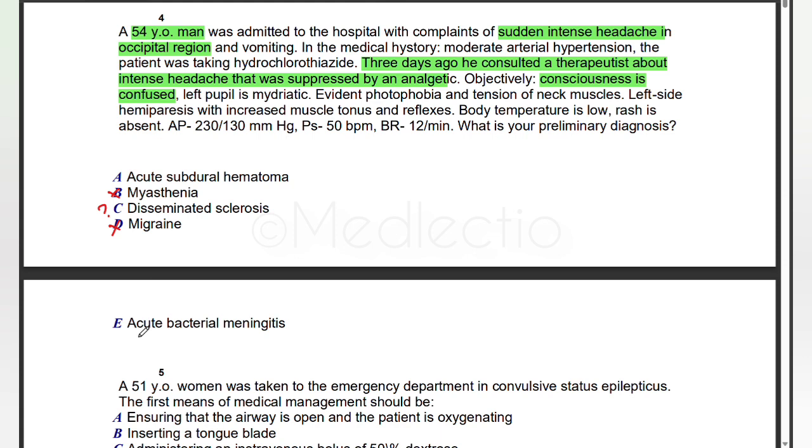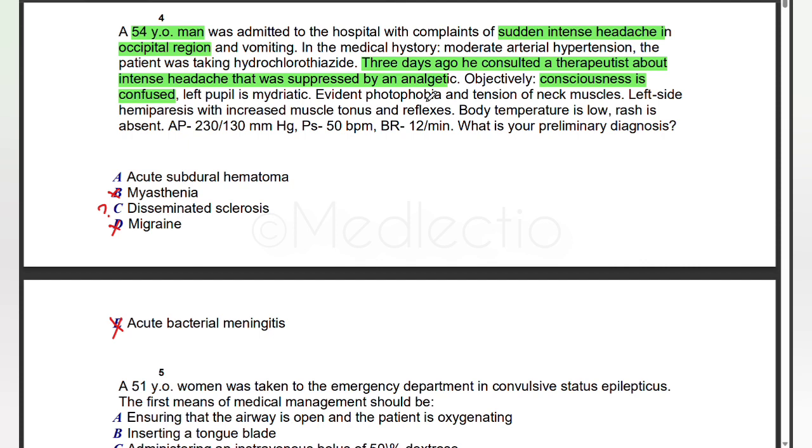Acute bacterial meningitis: here body temperature is low, and if you have meningitis, we will get toxic syndromes. We don't have any toxic syndromes here, so acute bacterial meningitis we exclude also. So we suspect a hematoma. Why?